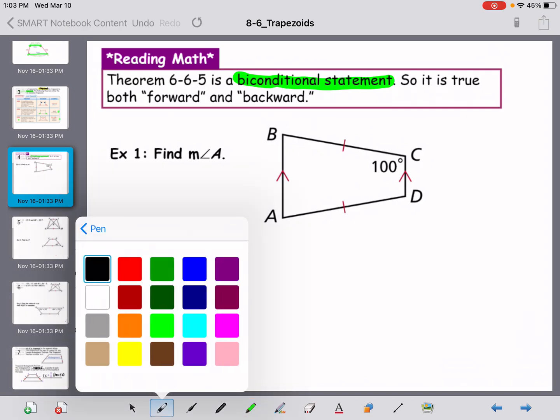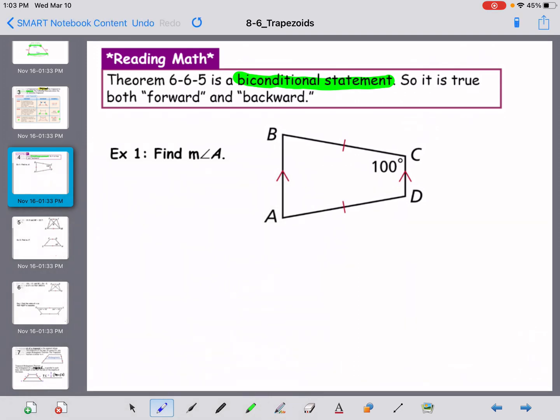All right, so here we go. If I've got to find the measure of angle A, what do I know? Well, I know that these legs are congruent.